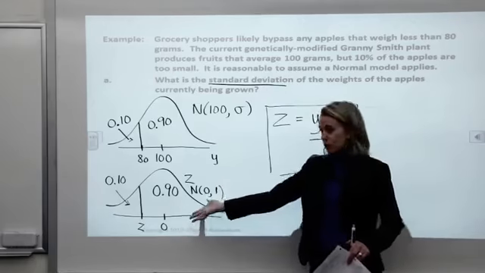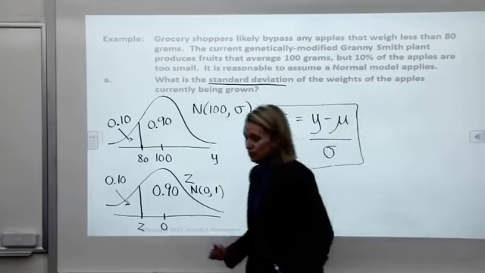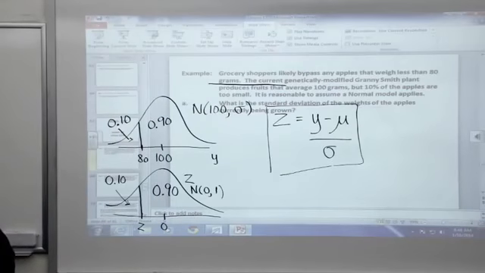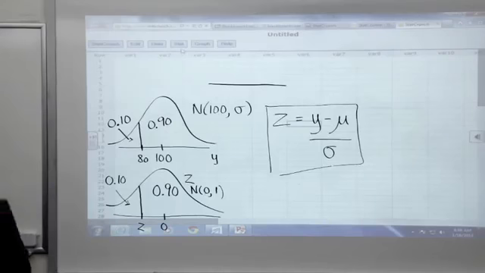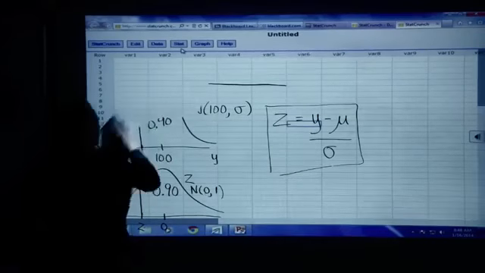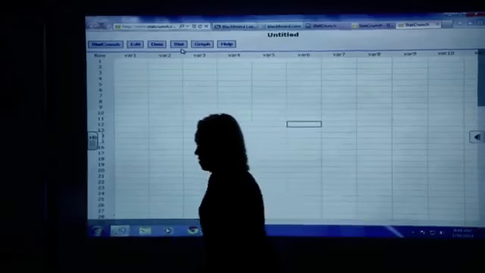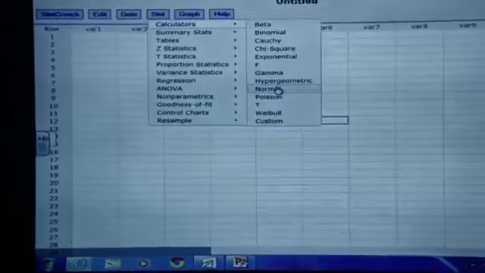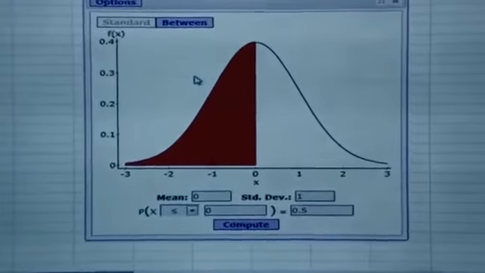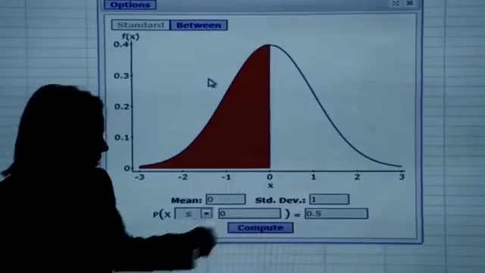To find that Z-score, we're going to use the StatCrunch tool. So let's go to StatCrunch and find out what that Z-score is. All right, so in StatCrunch, stat calculator is normal. We're using the standard normal model, so the mean is 0, the standard deviation is 1.